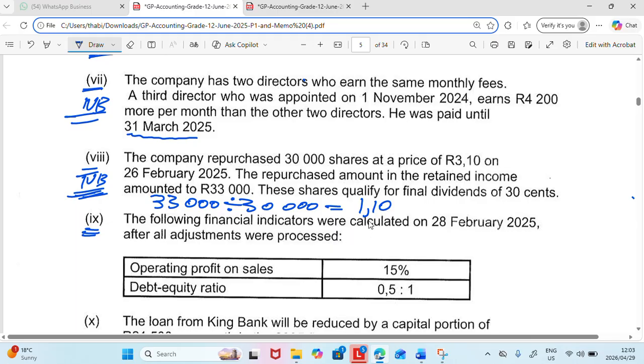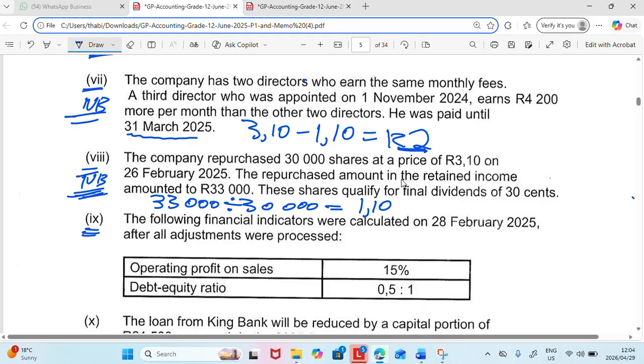Okay, so that R1.10 is the price that is above the average issue price. So can you notice that the company repurchased shares at R3.10? So if you take that R3.10 minus R1.10, you are going to get R2. This R2, guys, is the average issue price.